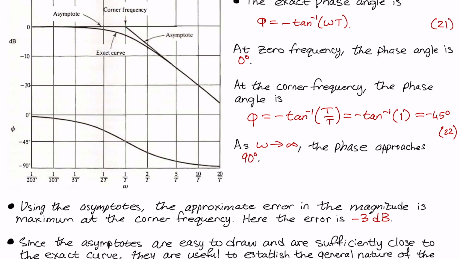As a result, we can get a rough estimation of what's going on using the asymptotic approach. So if you need to very quickly compute what this looks like in real time, using this asymptotic approach is what you should do. It will save you a ton of time.